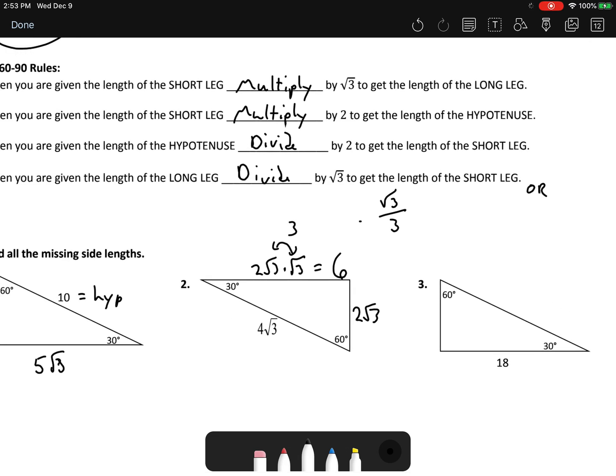And then the last one, that's probably the toughest one. The long leg is 18. Now dividing by rad 3 here doesn't help us much, but this does. Let's multiply by radical 3 divided by 3. Aha! 3 goes into 18 6 times.